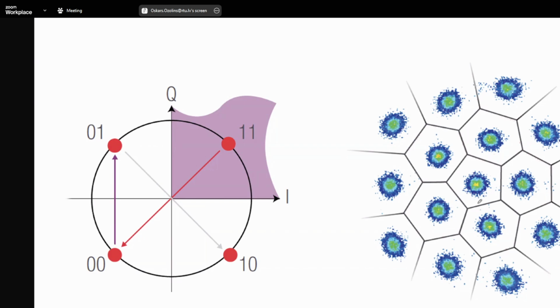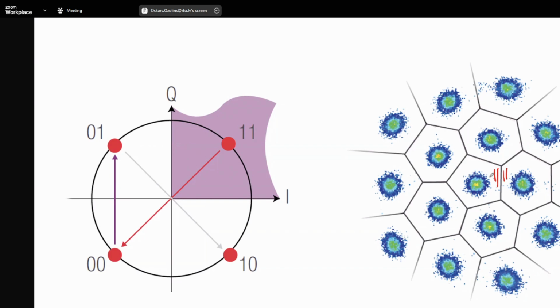And quite a lot of machine learning algorithms are used to define these boundaries. So they're either hard decision boundaries or soft decision boundaries. Soft decision means that it's not only one straight line, but we have several lines, and then we say the probability with the machine learning algorithm.